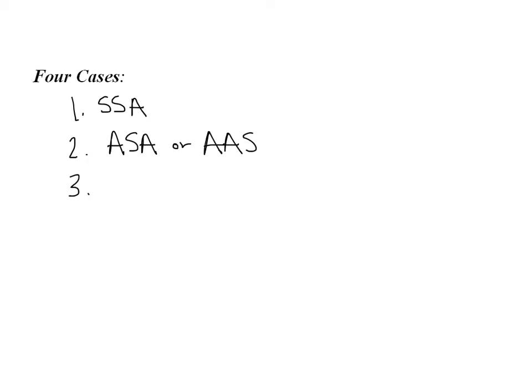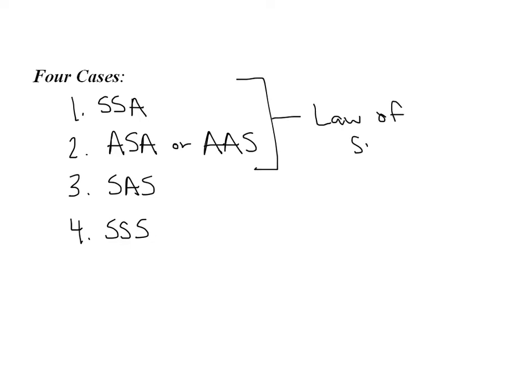Our third case is when we're given a side-angle-side, and our last case is when we're given side-side-side. For our first 2 cases, we're going to use the law of sines. For your last 2 cases, you're going to use the law of cosines.